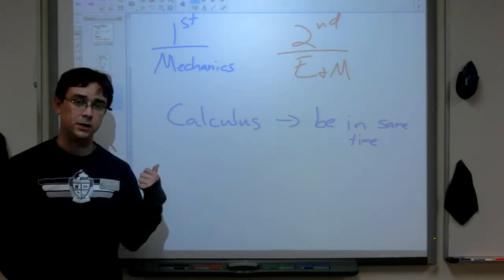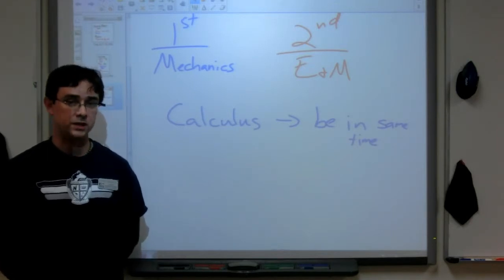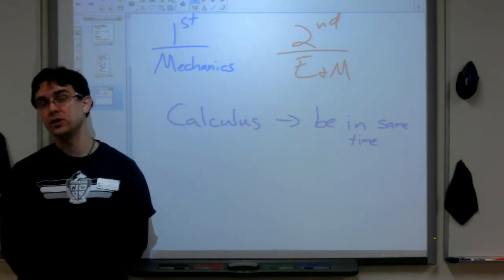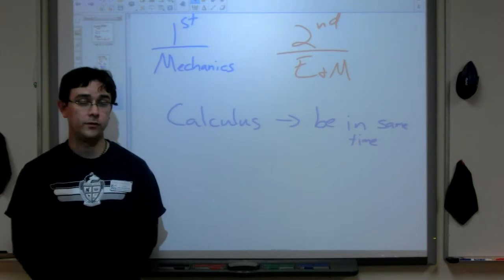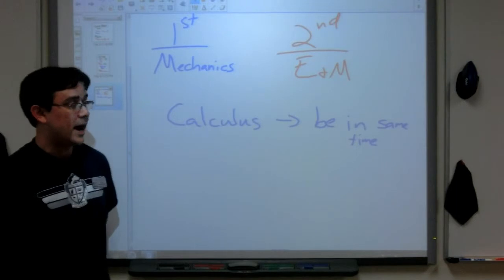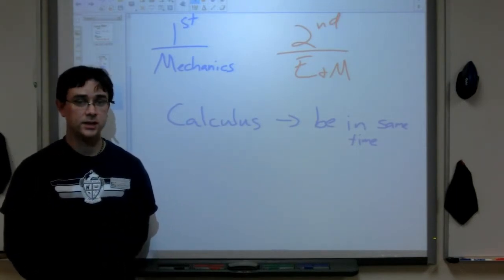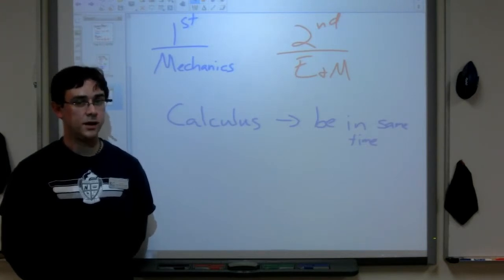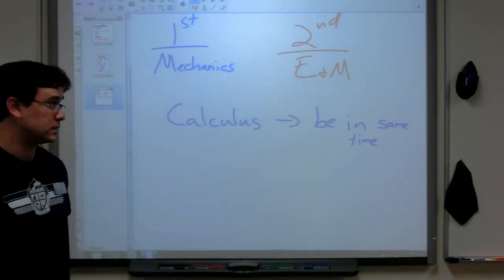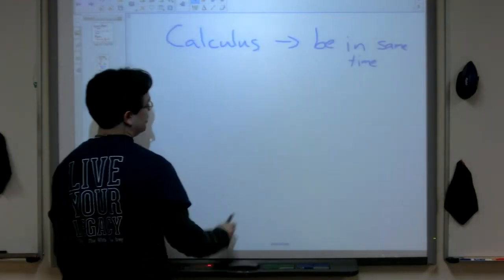In other words, APC would be your senior year, and then your junior year you would take either General Physics as a nice introductory course, or AP Physics 1, which is also a great introductory course, though it doesn't cover as much of the material. It will cover some of the important stuff more in depth. So both are great options. Right now, we do not require you to have had a previous physics class. However, understand that it's going to be a bit tougher to keep up in APC if you don't have a background in physics.